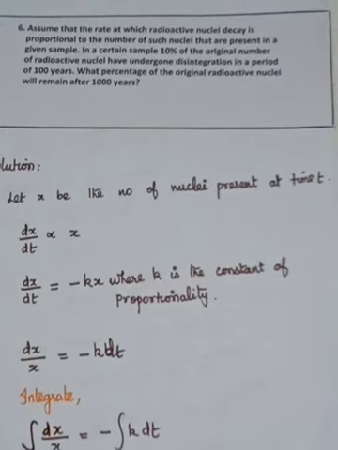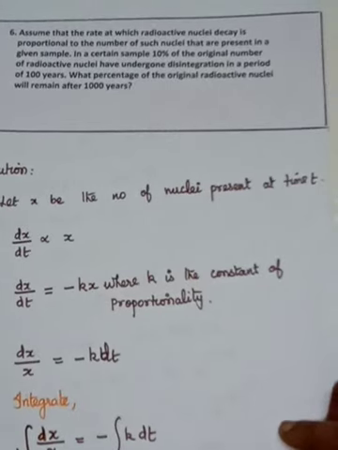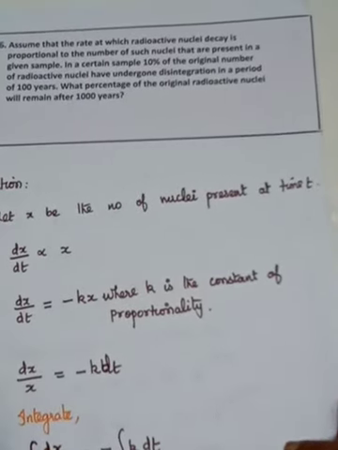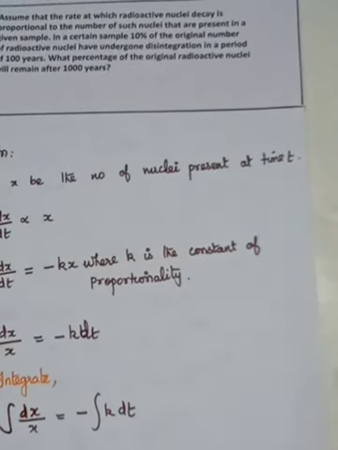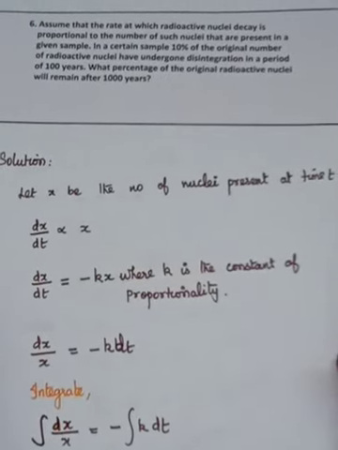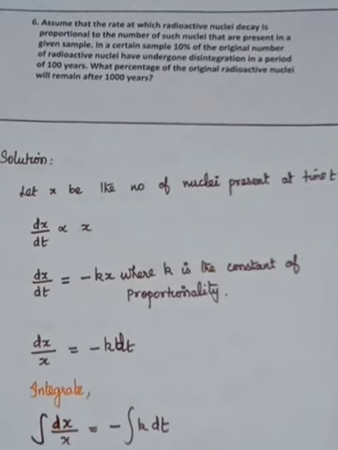What percentage of the original radioactive nuclei will remain after 1000 years? Okay, so first I declare the variable x. x is nothing but the number of nuclei present at time t.